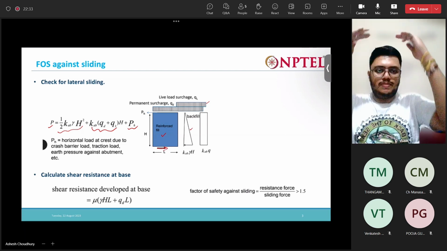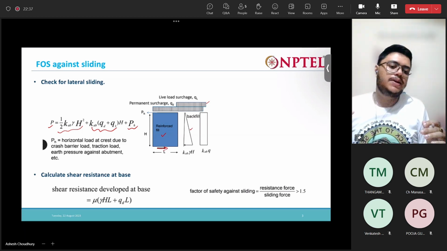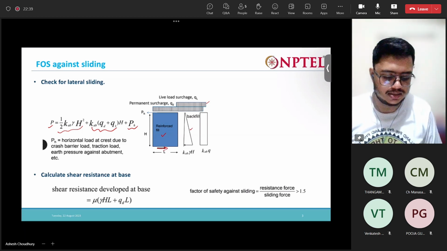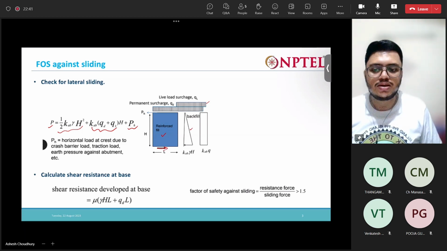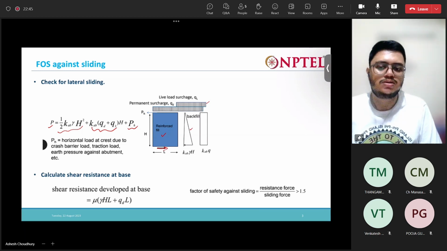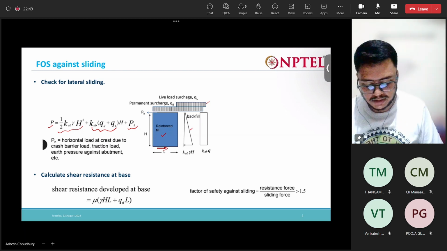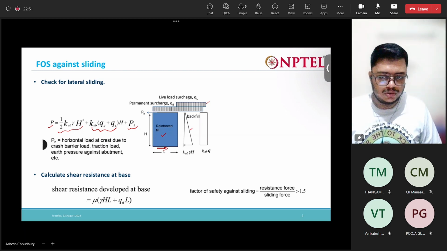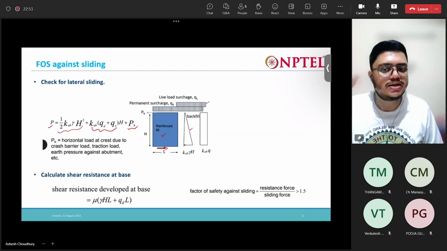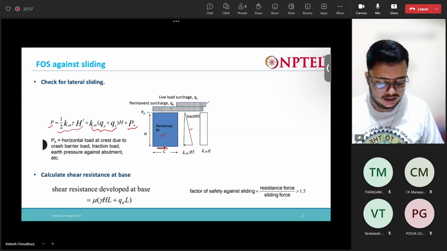It is nothing but normal load multiplied by the friction ratio, this mu. Okay, this mu is the friction ratio between this reinforced soil fill and the foundation soil.